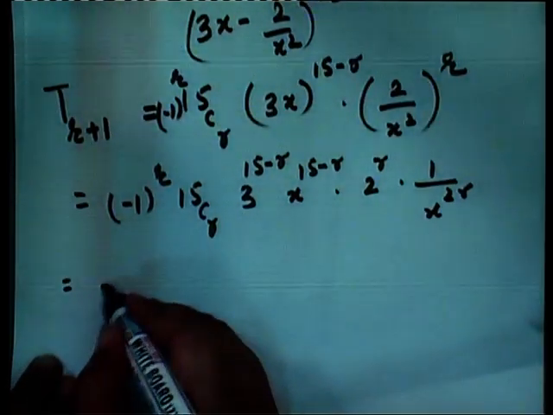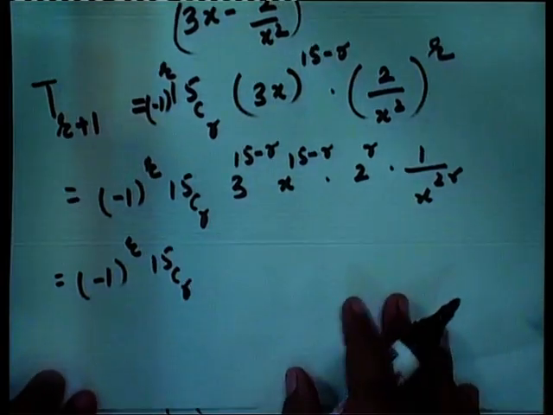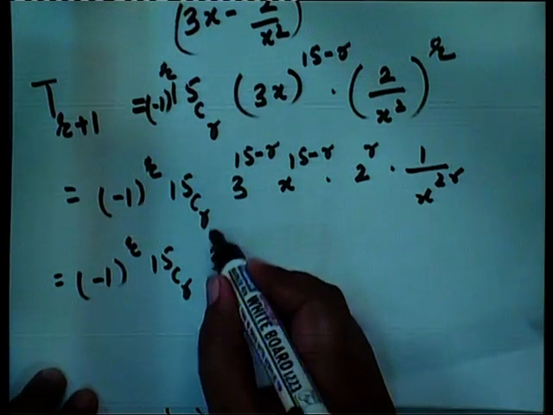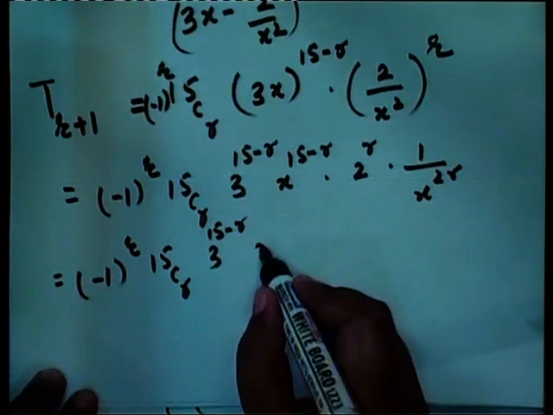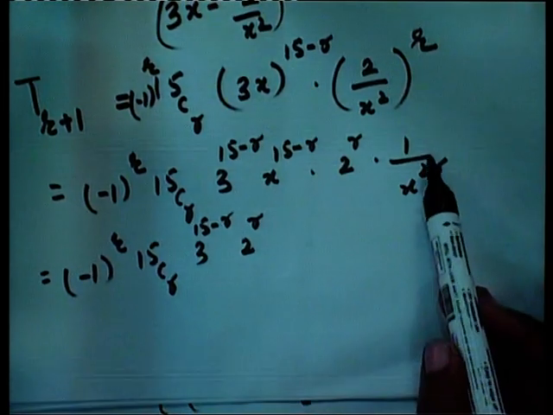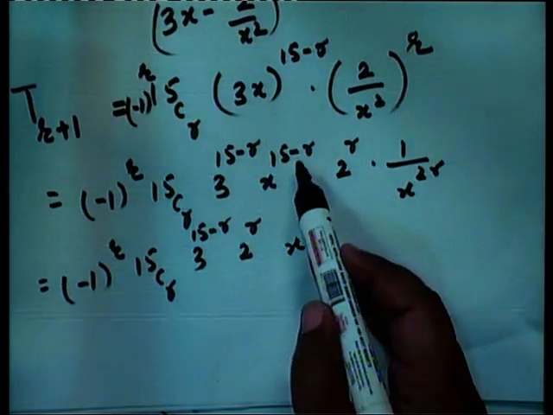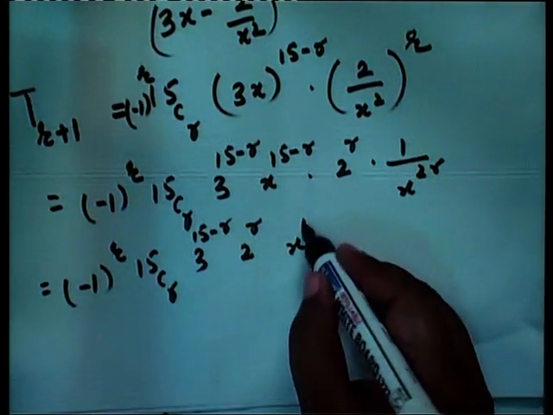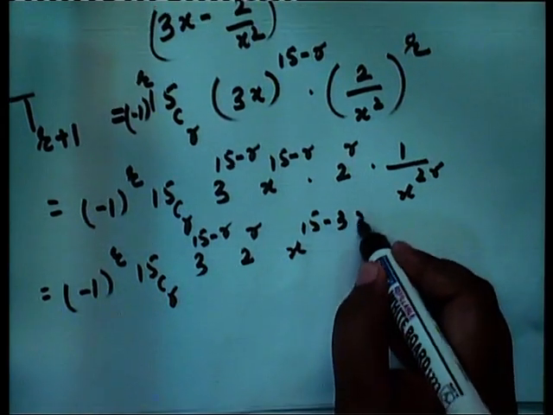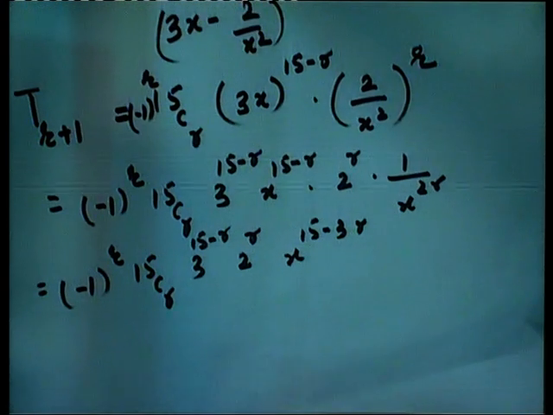So again, separating out the terms without x and terms with x, I will get 3^(15 minus r) 2^r. Now here I have x^(15 minus r), here I have 1 upon x^(2r). So I will get x^(15 minus r minus 2r), which will become x^(15 minus 3r). Now the problem is to find the term independent of x, which means I want the term in which no power of x is appearing.